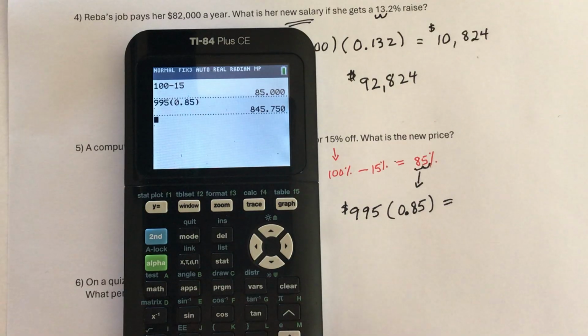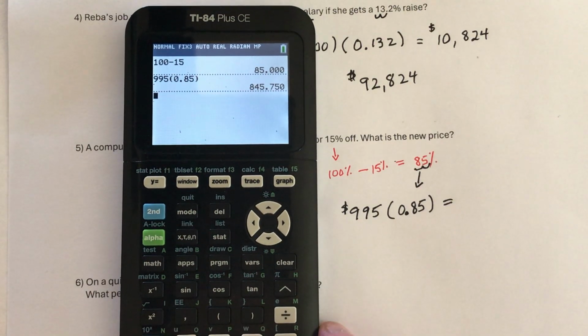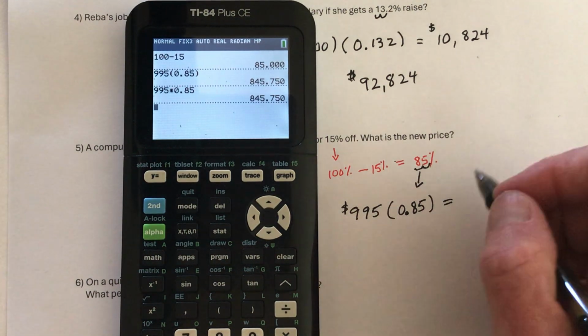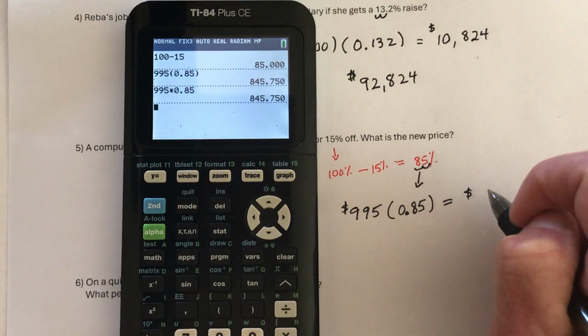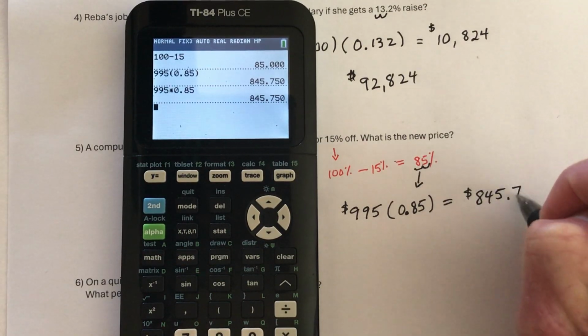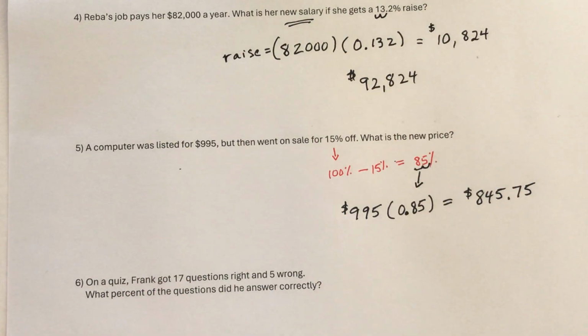And by the way, I'm using parentheses, which are right here above the 7 and the 8, but you don't actually have to in this problem. You could say 995 times 0.85, and we get the same result. So that means they would be paying $845.75.